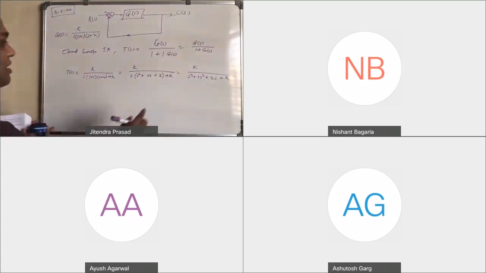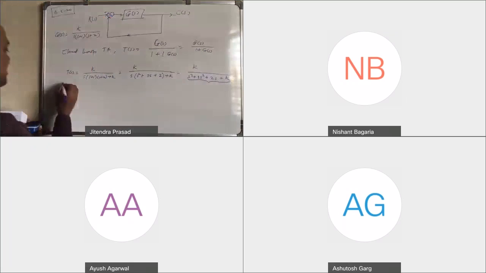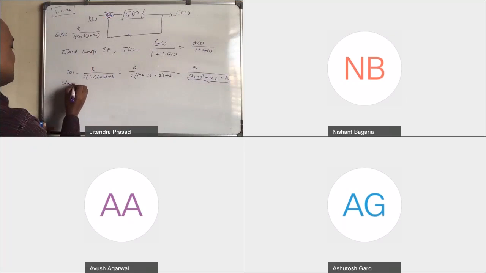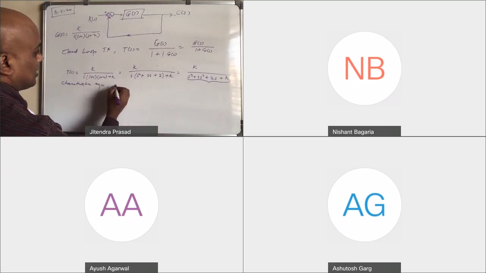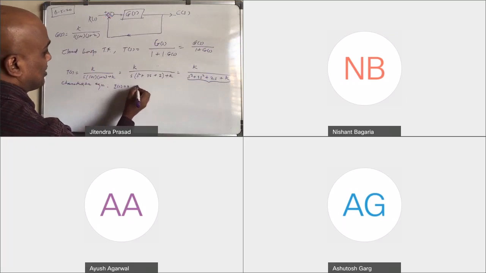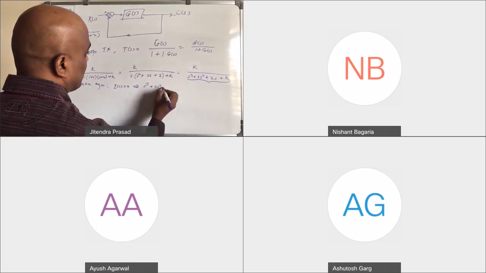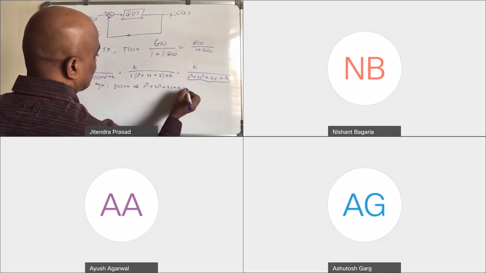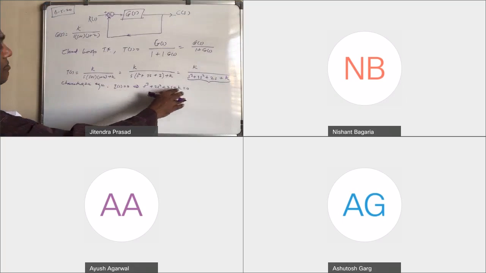In the closed loop transfer function, this is the characteristic equation, right? So you can write the characteristic equation QS equal to 0, that is S cube plus 3S square plus 2S plus K equal to 0. Now we have to find out the value of this.